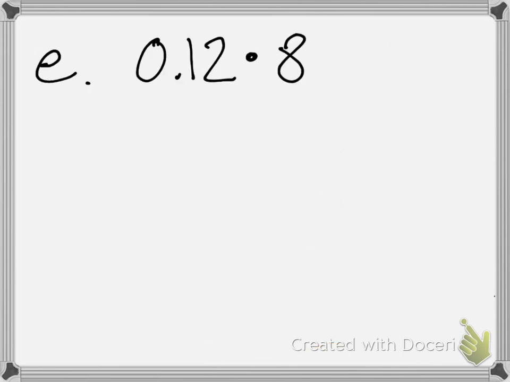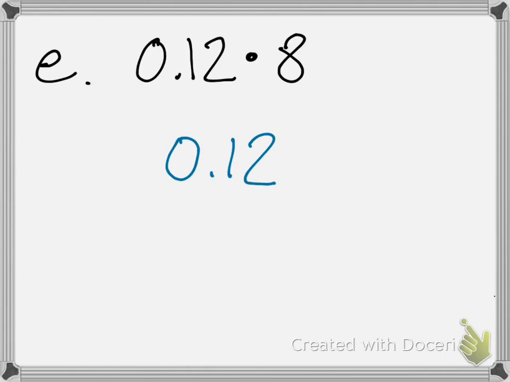Let's look at E. So we're going to line up this problem. Who wants to line this problem up for me? Hannah. How do I do it? What you would do is you would put the 0.12 on the top. Perfect. 0.12. You would move the decimal point twice. Excellent.